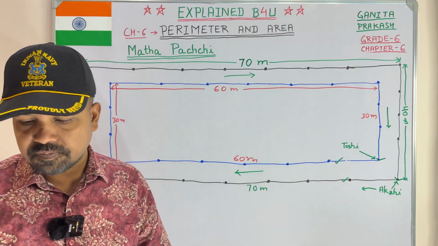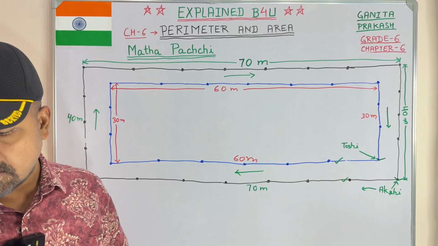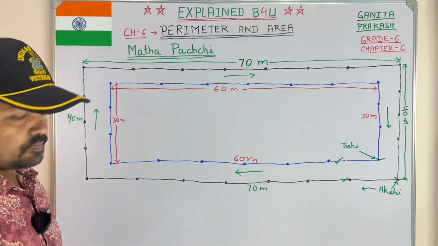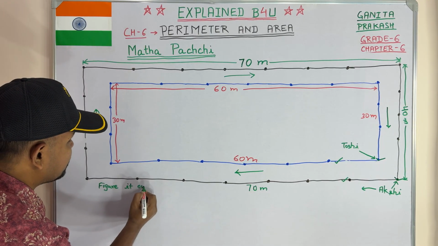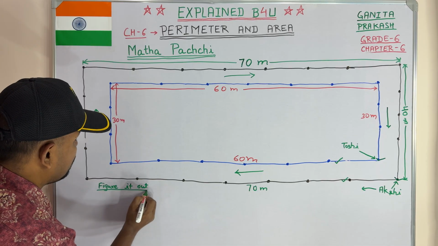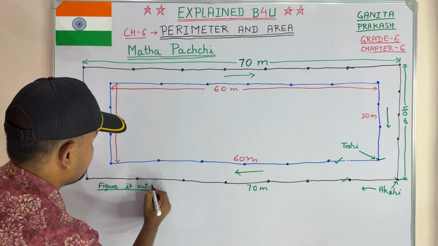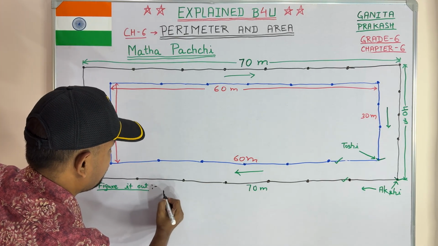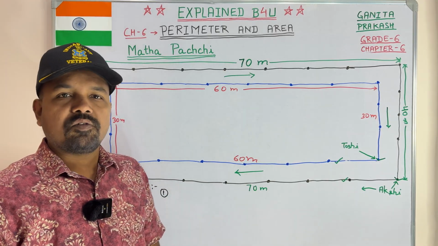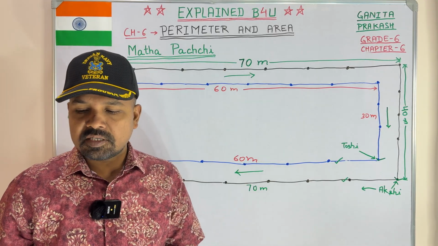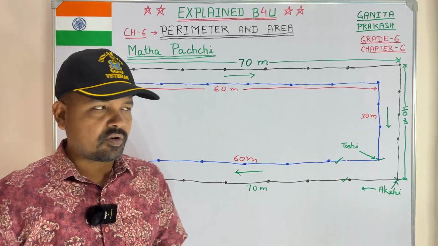Question number 1, find out the total distance Akshi has covered in 5 rounds. ठीक है. The question is asking to find the total distance Akshi has covered in 5 rounds.